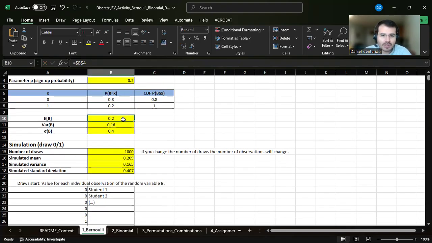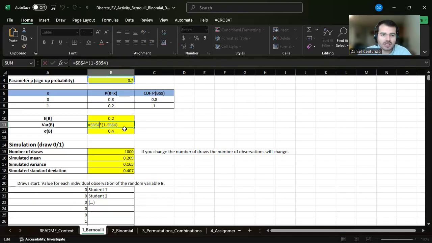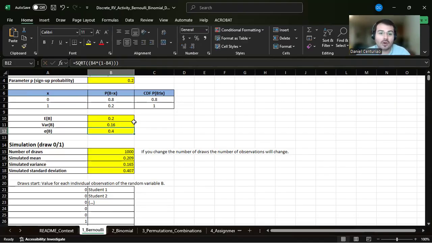Here I show you how I calculate the expected value in this case. It is basically the same as the probability value. How I calculate the variation, which is basically using the formula P times 1 minus P. So let's call this the theoretical variance, and this is the standard deviation.